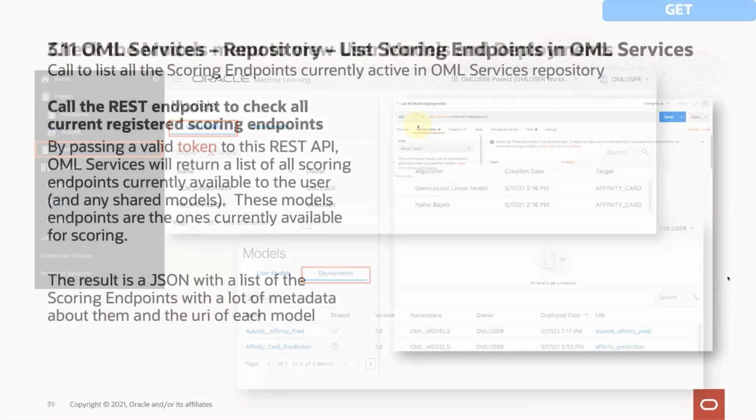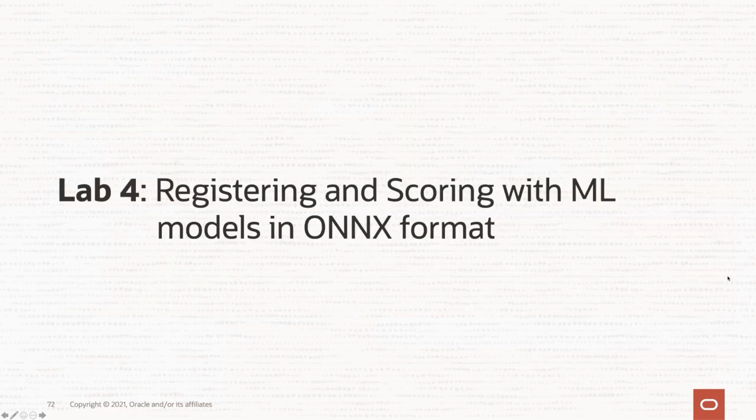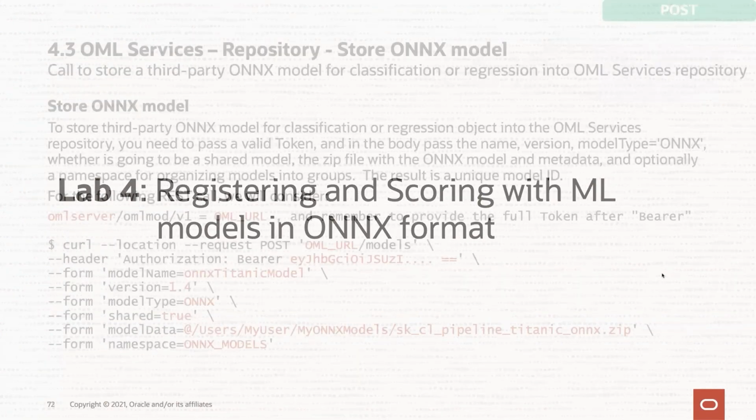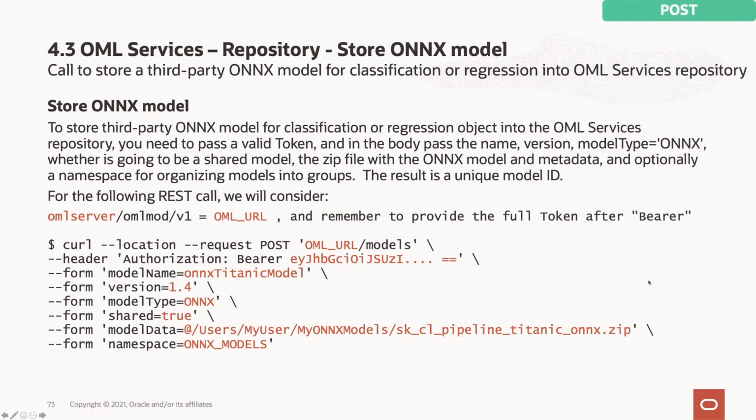So we're going to do the same thing now for Lab 4, for scoring with OML machine learning models in ONNX format. Okay, so the ONNX format, again, the same store. So we're going to need the same things: a model name, a version, a type, and the file.